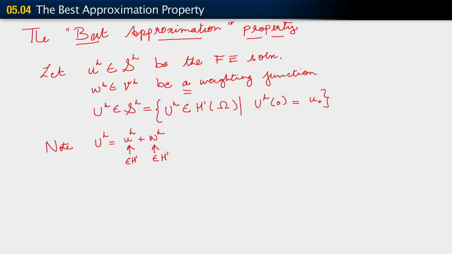Therefore, when we add uh and wh, we recover functions which live in H1, which we recall is also a property of capital Uh. So adding little uh and wh maintains that property of capital Uh.